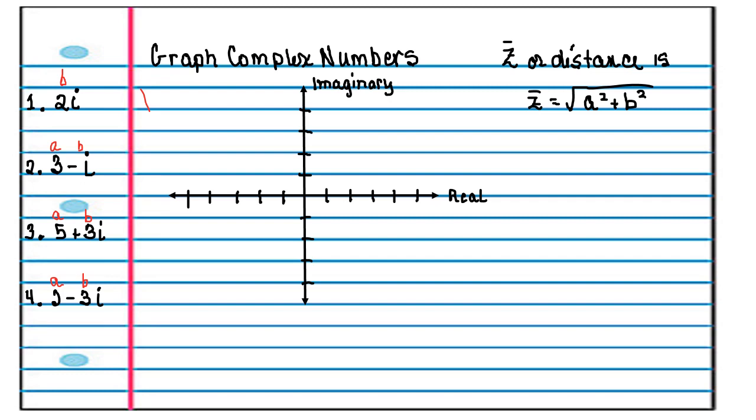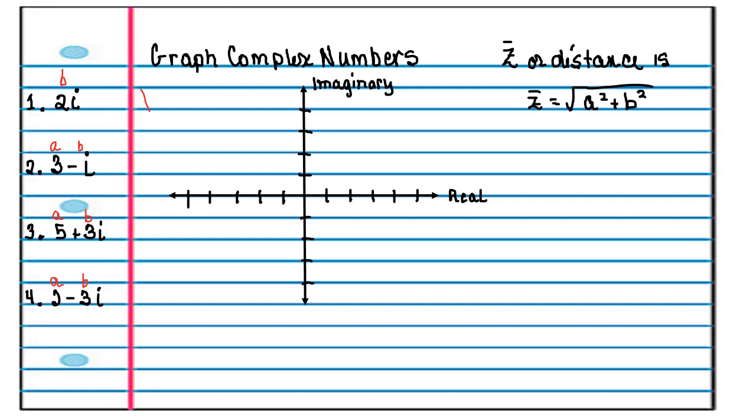We graph complex numbers just like we graph our real numbers. The only difference here is that our x-axis is the real part of the equation, and the y-axis is the imaginary part of the equation. The real part is known as a, while the imaginary coefficient is known as b.